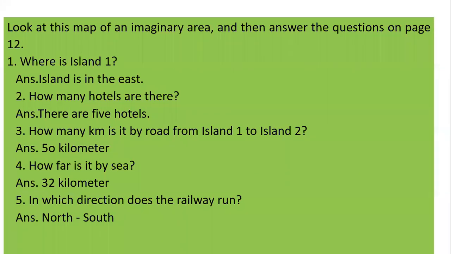Number 5, in which direction does the railway run? You can see in the given map a railway track, and it is running from north to south. So you can note down this slide, because you have to write all these question answers in your book. Yes, teacher, next slide.